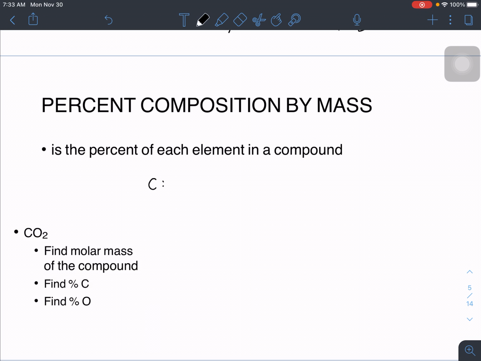In carbon dioxide, there is 1 atom of carbon multiplied by the mass number based on the periodic table, that is 12. So the total will be 12. And for oxygen, the total number of atoms is 2. The mass number is 16. So that will be equal to 32. In total, that will be 44 grams per mole.